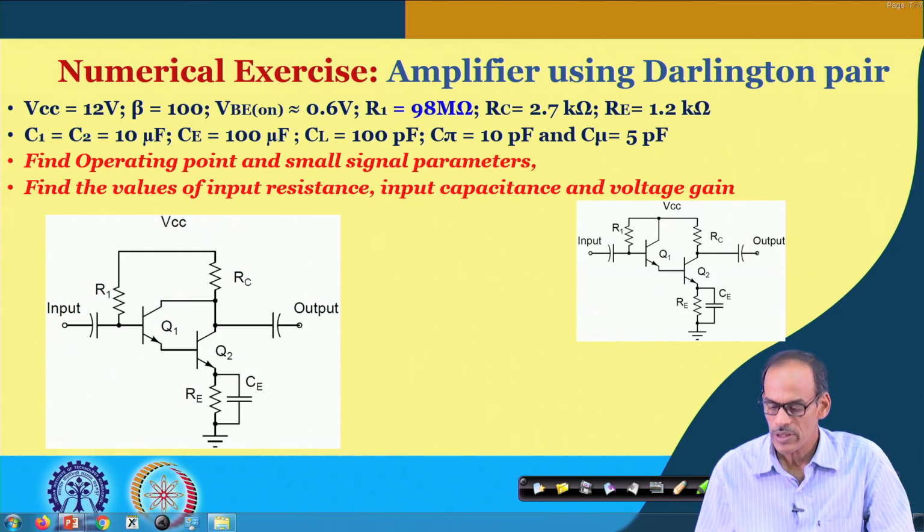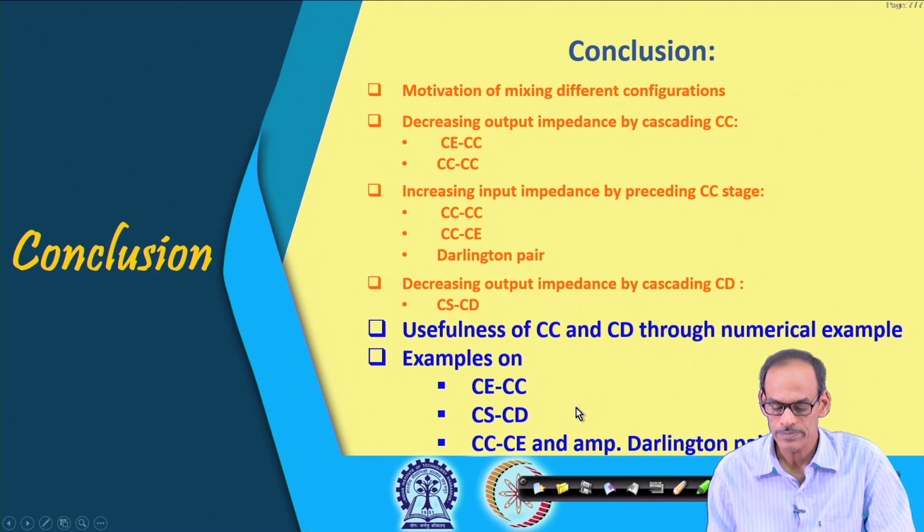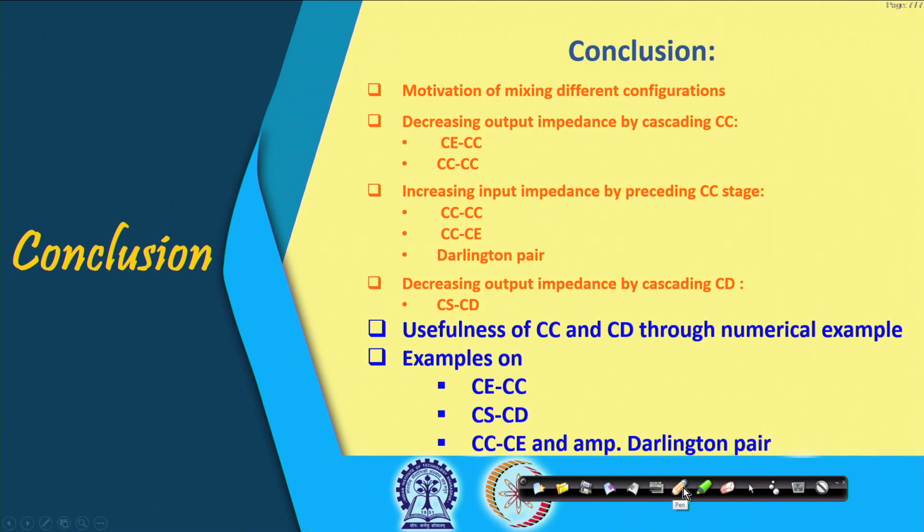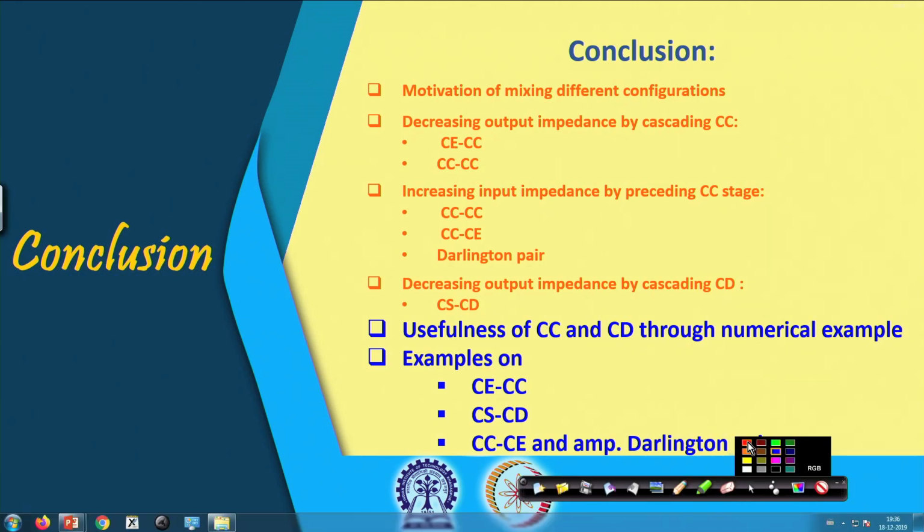So, in summary, what we have covered so far is the usefulness of common collector and common drain stages through numerical examples, and those examples were primarily CE followed by CC, and CS followed by CD. These two were covered before, and just now we covered common collector followed by CE stage.